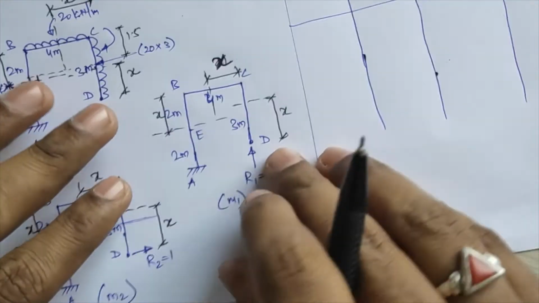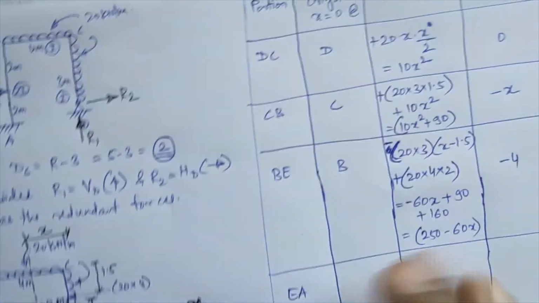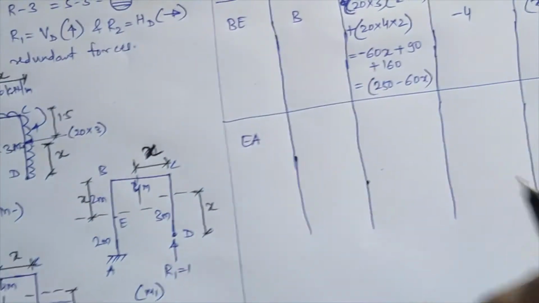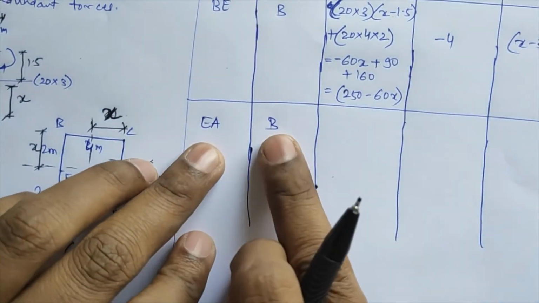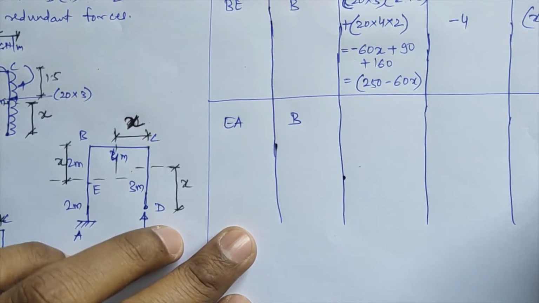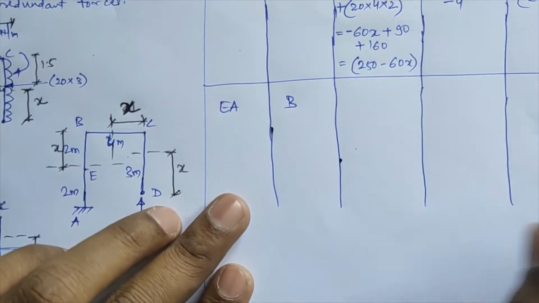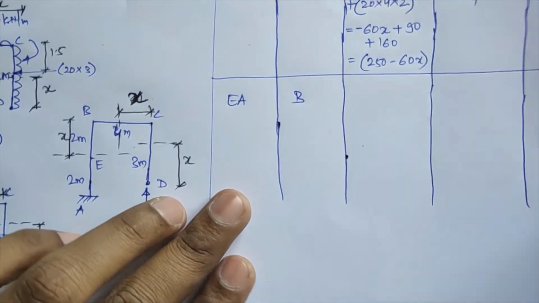Okay. And the last portion remaining, that we will see, portion EA. Now here I'll not change the origin because you are on the same span, that is B. So I'll keep B as the origin itself as it is. So limits of integration will be how much? That will be 2 to 4. B to E distance, that is 2, and B to A distance, that will be 4 over there.